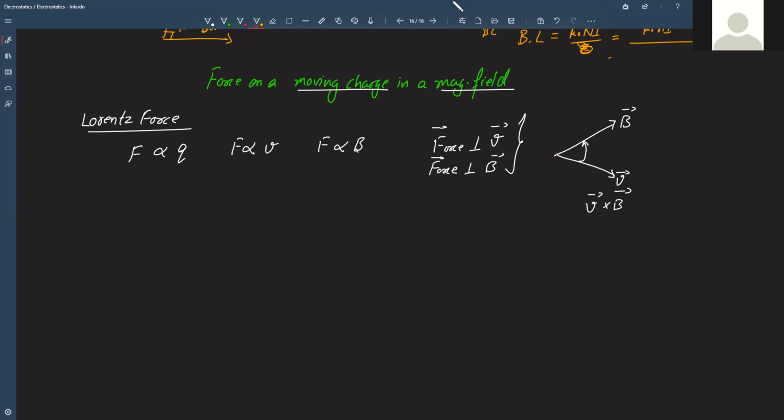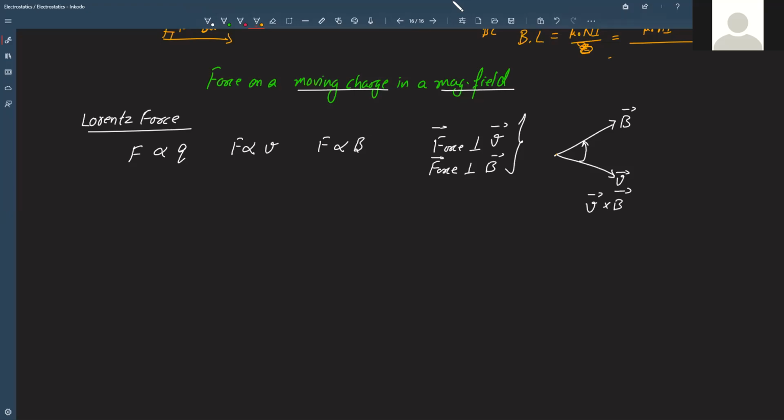Again, you have to use your right hand thumb rule: put your fingers on this curved arrow, and then your thumb will point in the direction of the force, right? And when it is perpendicular, we use Fleming's left hand rule, which is something we use whenever we have to find the direction of a vector product.